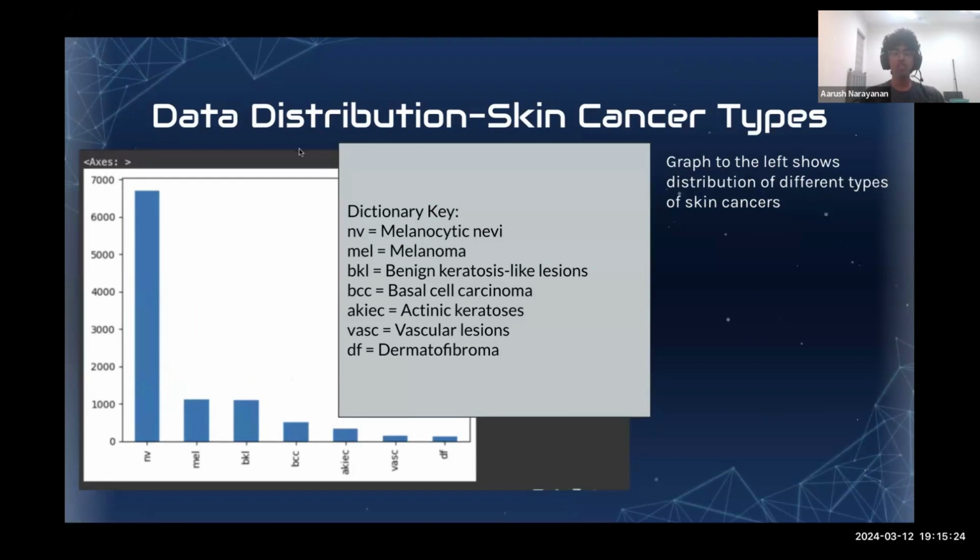Overfitting is when you have too much of one type of data. So instead of actually analyzing all the different types of data and trying to diagnose the skin cancers, the model will only be able to diagnose melanocytic nevi. And obviously, our model is meant to diagnose a wide variety of skin cancers, so we want it to have a good accuracy for the other ones as well.